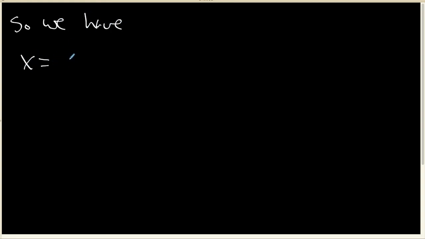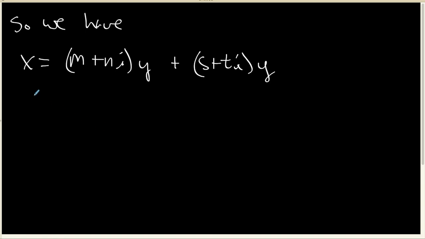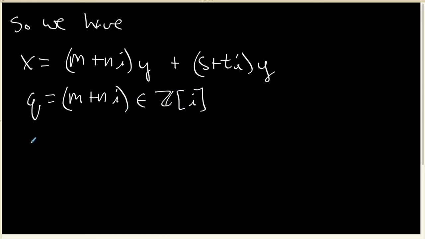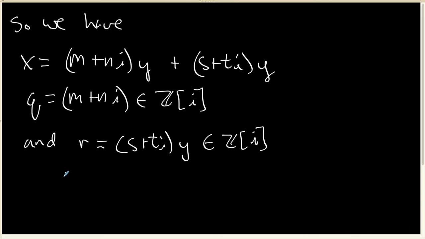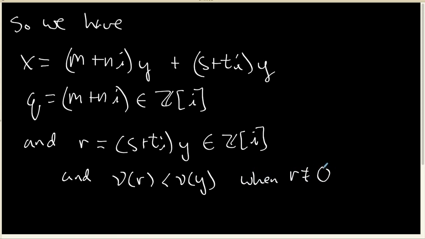We have x can be written as (m plus ni) times y plus (s plus ti) times y, and we can set q equal to m plus ni because that's clearly inside the ring of Gaussian integers, and we can set r equal to (s plus ti) times y, and we have already shown that that is indeed a Gaussian integer, and we have also shown that nu of r will be less than nu of y when r is not equal to 0.